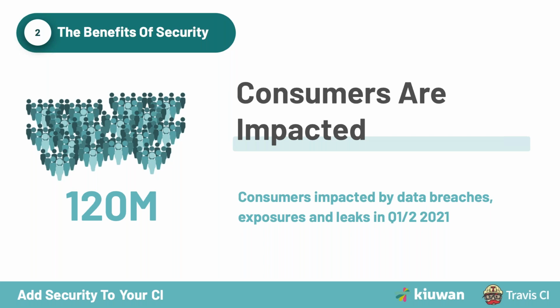Integrating security into the development process really helps to ensure that we're significantly reducing the risk of releasing vulnerable code, and we're not slowing down or reducing efficiency within the development cycle.